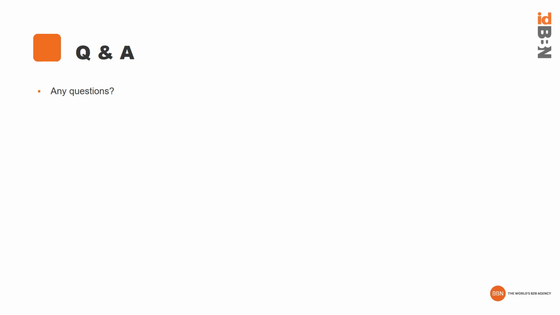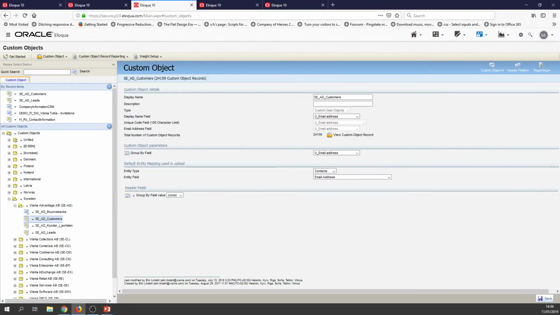Okay, there's a question. Markku, could you give some examples of custom object record services for new and modified data? Okay, let's go into a record service and look at the customer CDO.